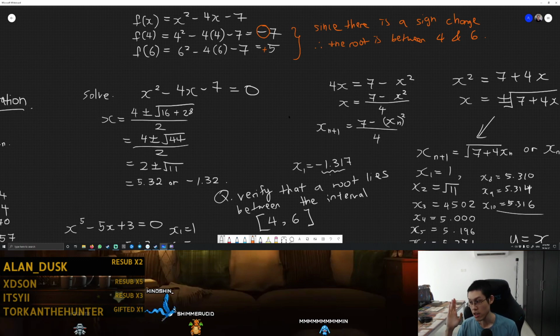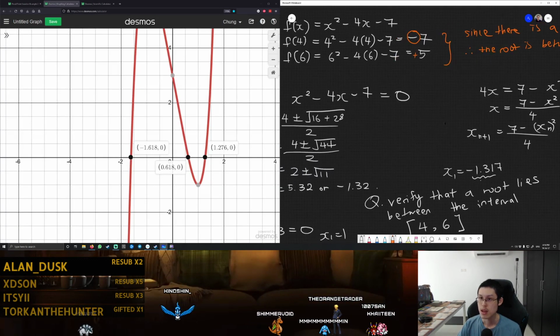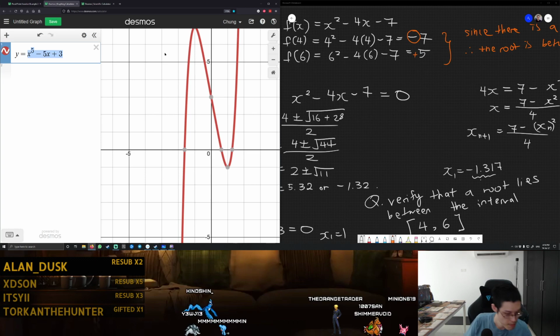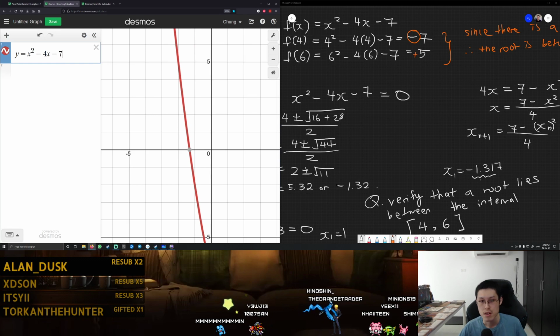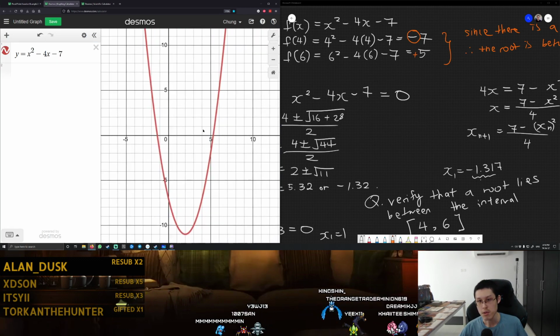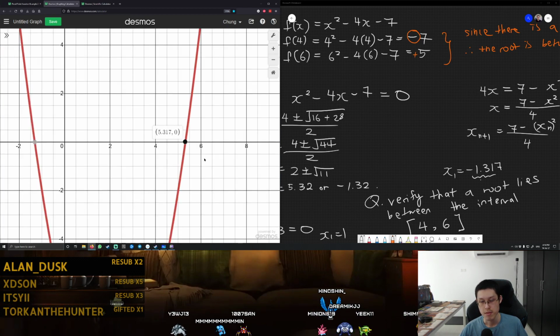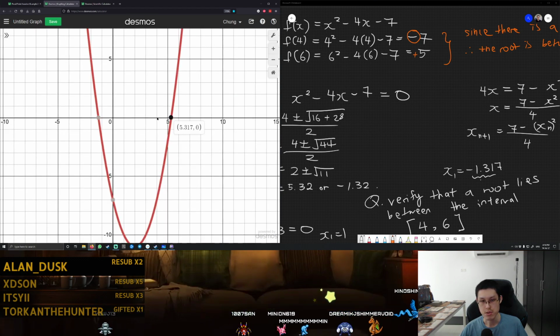So what is happening here? Let me try to explain this to you. Imagine if I were to sketch this out. If you look at this guy over here, this is our root, correct? Now, if we take x equals 4, over here, our f(x), which is our y, is going to give us some negative number.